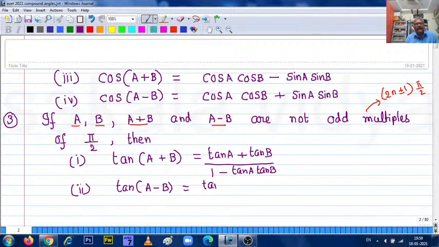You get tan A minus tan B upon 1 plus tan A tan B.